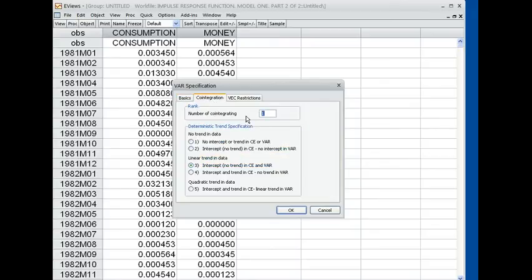It is already 1, so we are happy about it. And here I choose 3, which is already given. So now we can run the vector error correction model having one co-integrating equation. Then I press OK.